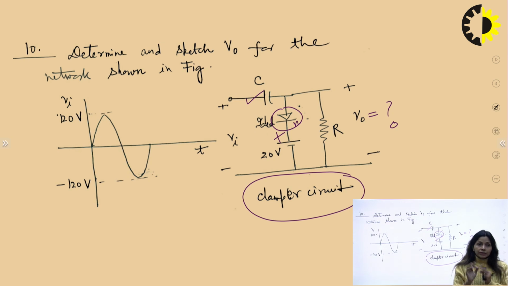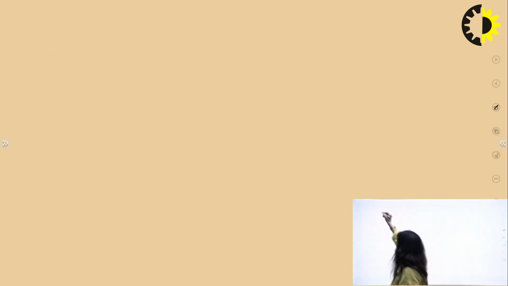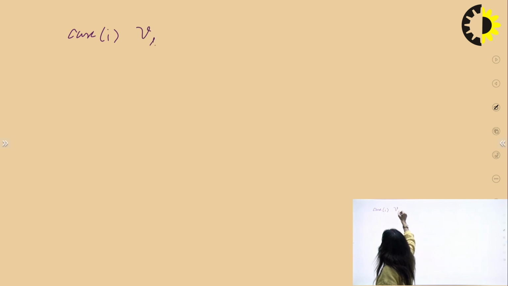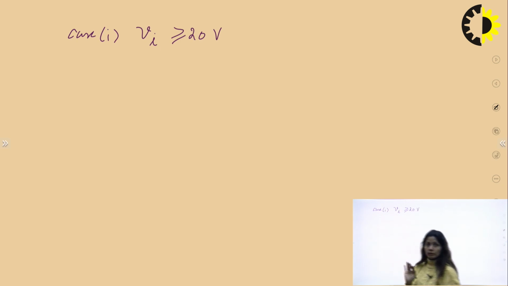So we will see the diode when it is forward biased. We will make our case 1 and remake the circuit accordingly, when the input voltage is greater than or equal to 20.